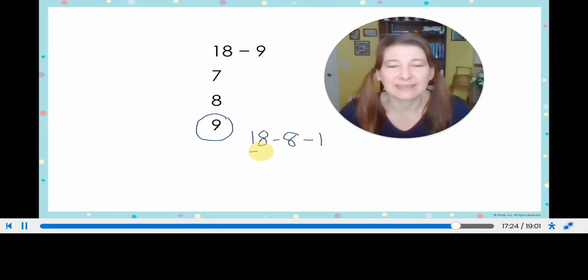Now let's work through this. 18 minus 8 will give us 10. And then we still need to subtract 1. 10 minus 1 equals 9. I think making a 10 worked out pretty well. You could have also counted on or counted back with your fingers or a number line.